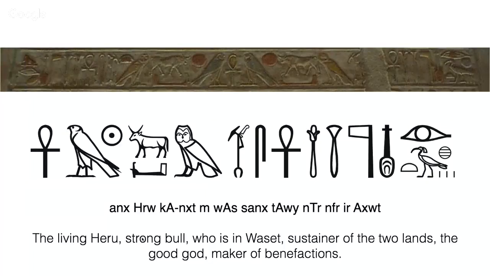So it says, living Heru, strong bull, who is in Waset, sustainer of the two lands, the good God, and maker of benefactions. That's what that Ir Akut means, maker of benefactions. Again, this is the same Heru name for this particular king, but these epithets at the end are different. So Kha Neket and Waset. Just keep that in mind.